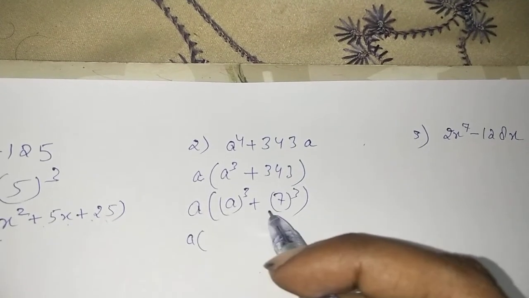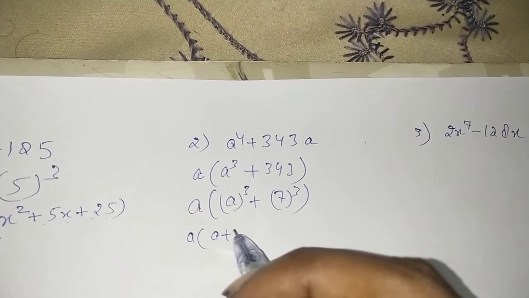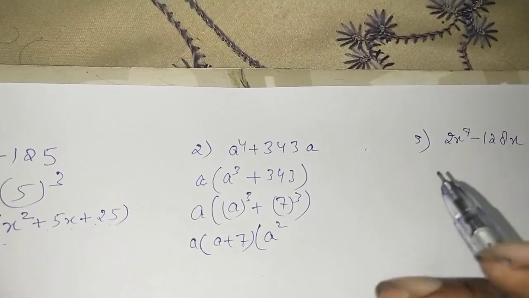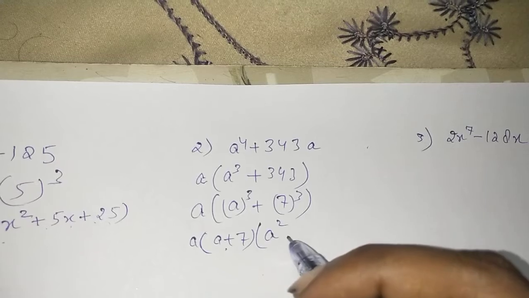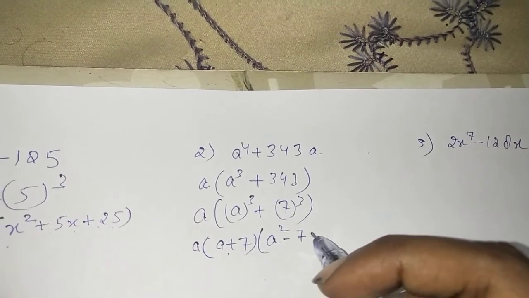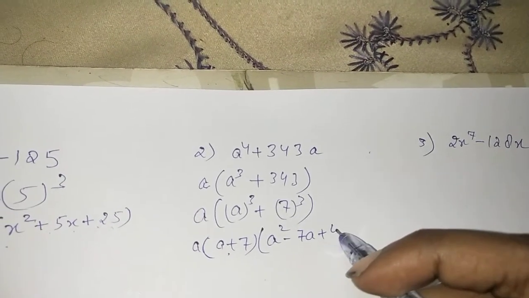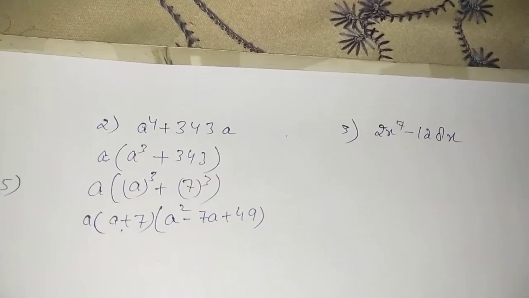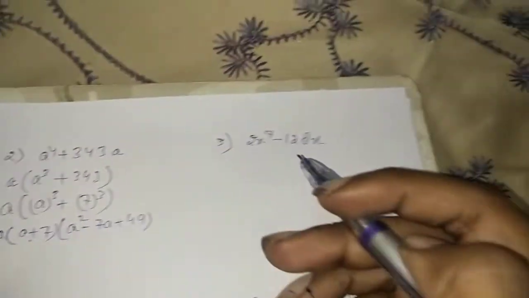Alright, now over here a cube plus b cube, so a plus b in one bracket, other bracket a square. Opposite of this sign will be for ab, minus 7a plus b square, that is 49. Alright, a square minus ab plus b square.